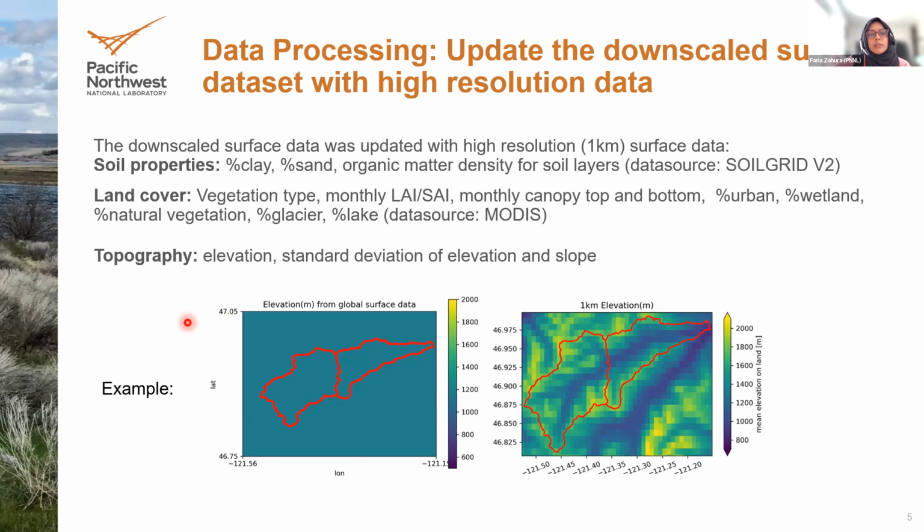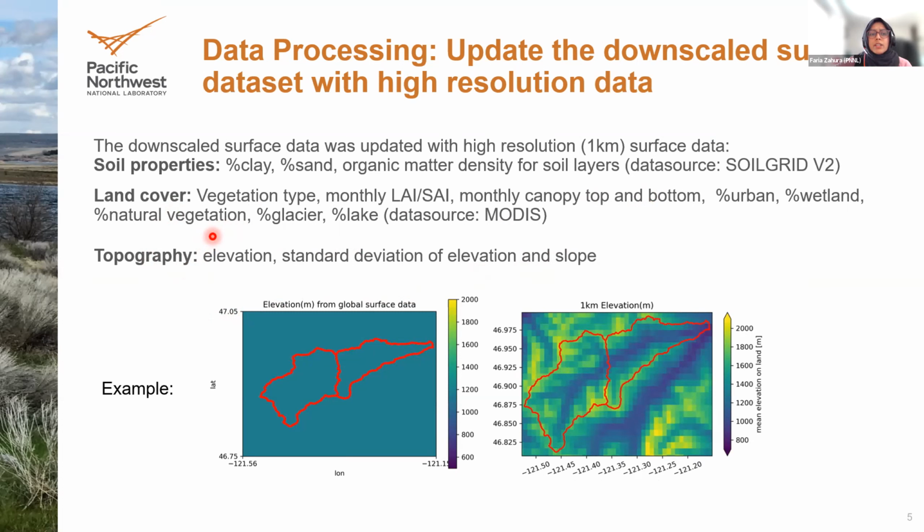The variables we updated involved some soil properties that include percentage of clay, percent of sand, and organic matter density for all the 10 soil layers in the surface data. And this data comes from SoilGrids. The land cover data was updated with data from MODIS, which includes vegetation type, the monthly LAI, SAI, monthly canopy top and bottom, and the percentage of different types of land cover.